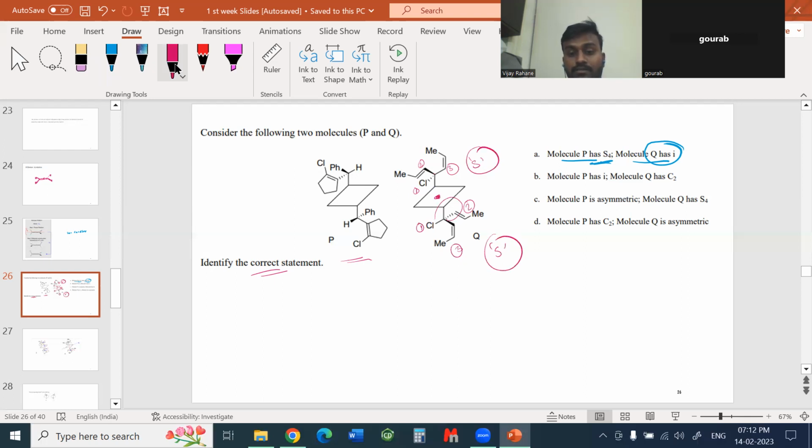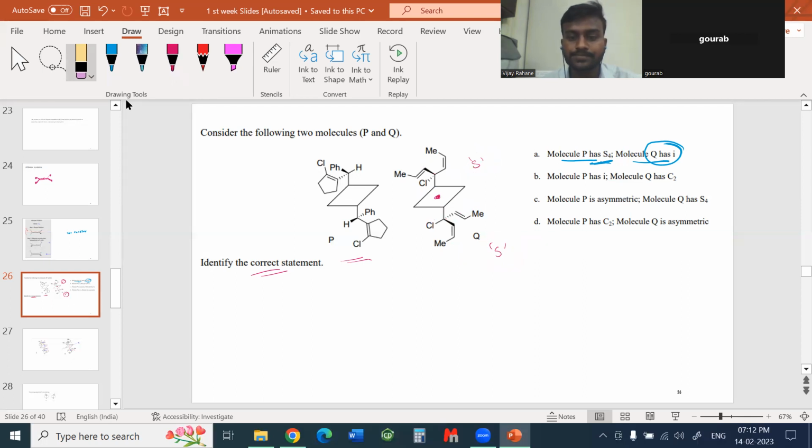That's why it should be opposite. Only then can you say it has the inversion center. So this molecule doesn't have the inversion center. How can we check? If the same groups are attached with the same composition, then we can check whether it has an inversion center like this.